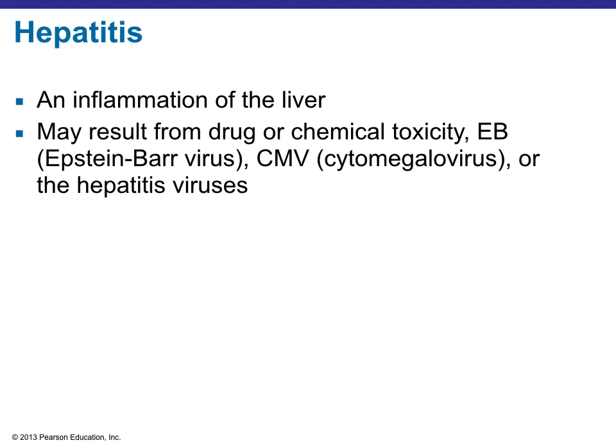So hepatitis viruses specifically infect the liver cells. Such an inflammation of the liver can result from different toxicities, but also various viruses such as Epstein-Barr virus, cytomegalovirus, or then the hepatitis viruses.